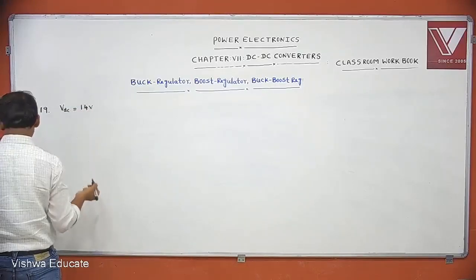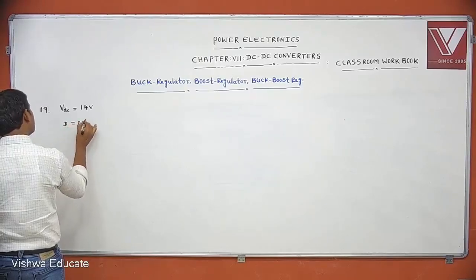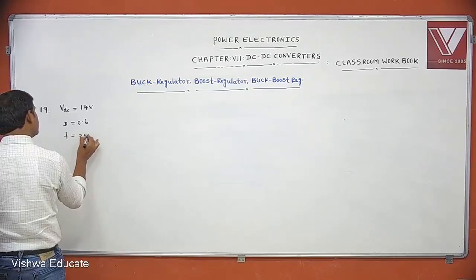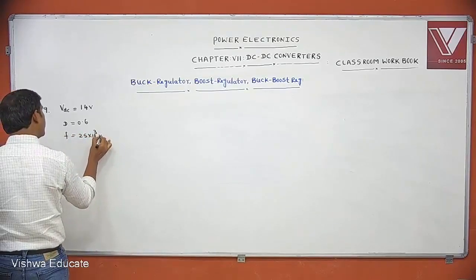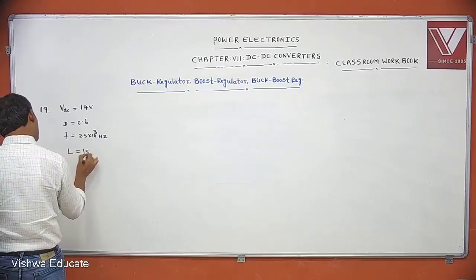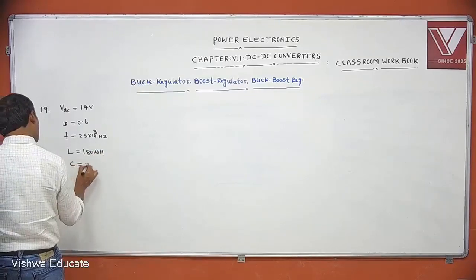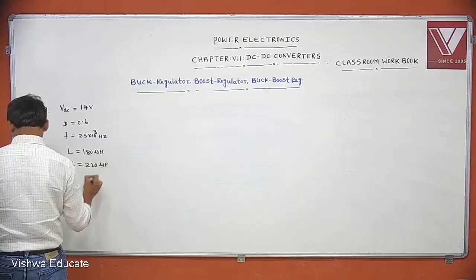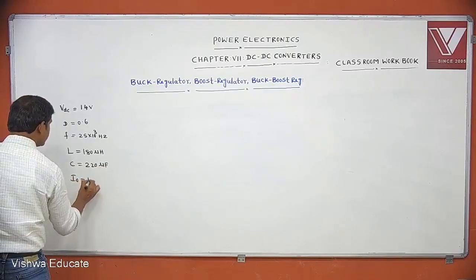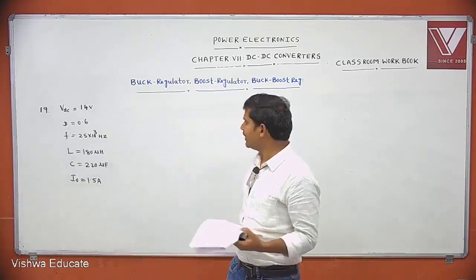Given is a buck boost converter, the duty cycle is 0.6, the switching frequency is 25 kHz. The inductance is 180 microhenry and the capacitance is 220 microfarad. If the average load current is 1.5 amperes, this is the given data.